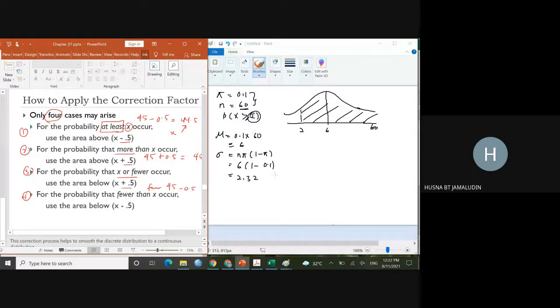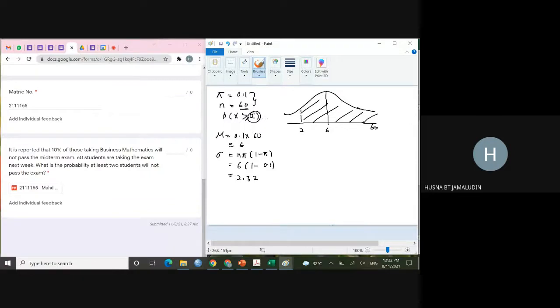Now, at least 2 means that your x should minus 0.5. So your x, which is 2, minus 0.5, what will you get? 1.5. So let's apply the formula z equals 1.5 minus your mu, which is 6, over sigma.